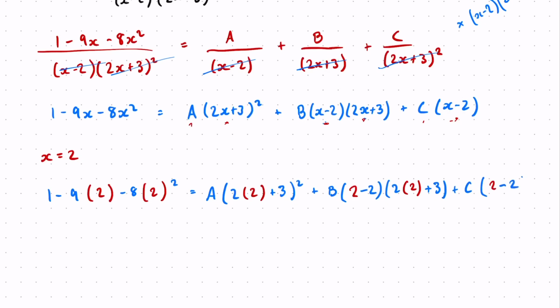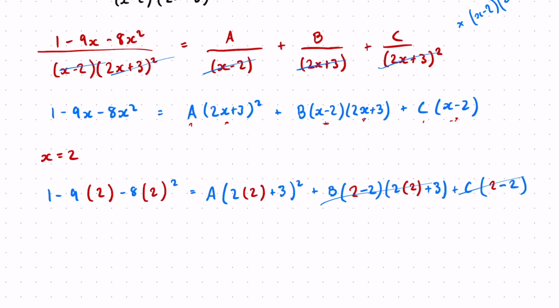That's going to cancel this out, and it's going to cancel this out because 2 minus 2 is 0, and then everything multiplied by 0 is 0, leaving me with just the A term, which is 1 minus 18 minus 32. So that would be 1 minus 50, which is minus 49.